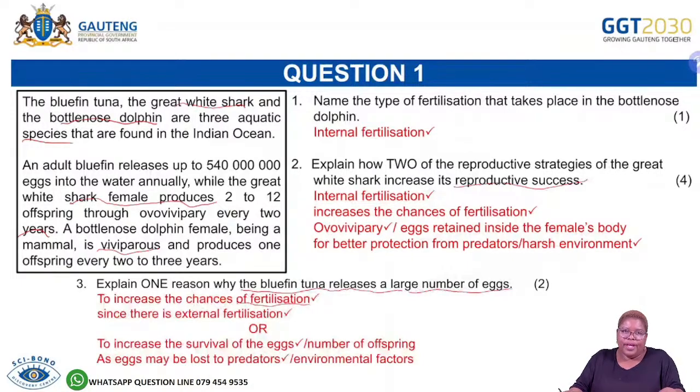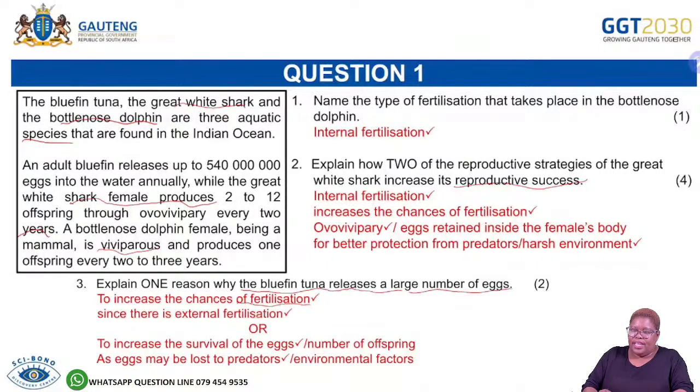So if more eggs are laid, it increases chances of fertilization, as opposed to when just a few eggs are being released at a time. So a large number of eggs produced leads to what? To increased chances of what?